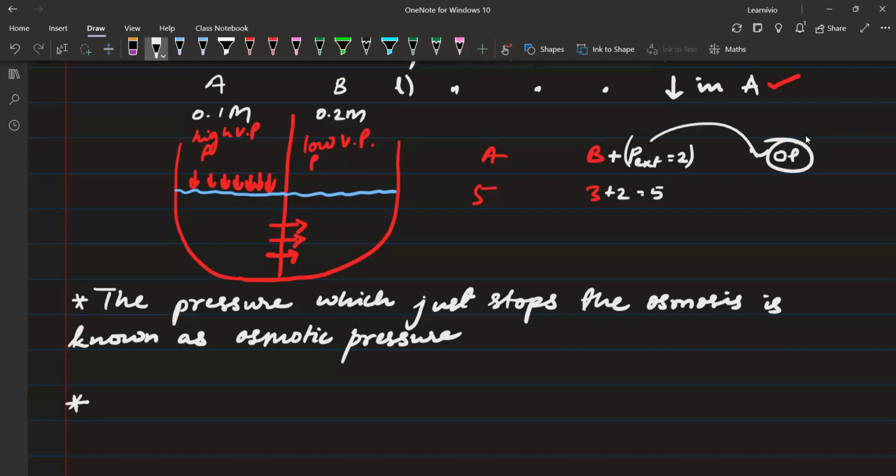Now, one definition is also present in NCERT. So maybe if an assertion reason or which of the following is true, this type of question comes, then you will be able to identify the statement.